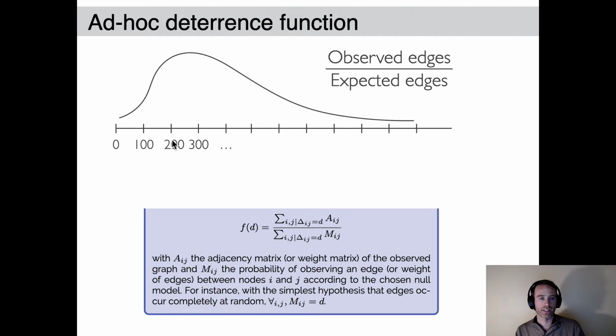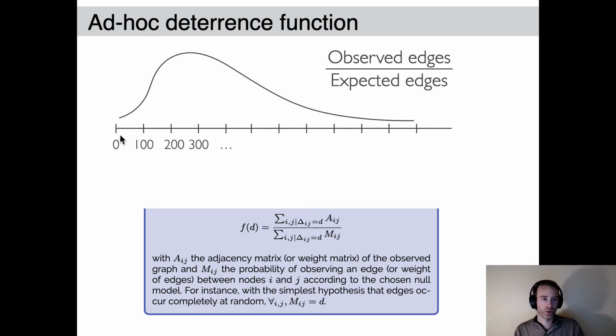So for instance, let's say that here I have a bin which concerns all pairs of nodes which are at a distance between 0 and 100. So 100 meters, kilometers, of course, it depends on what you're studying.